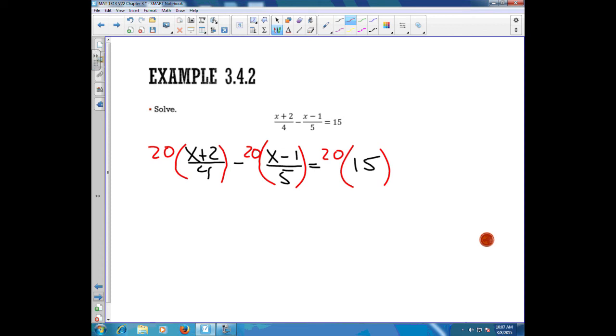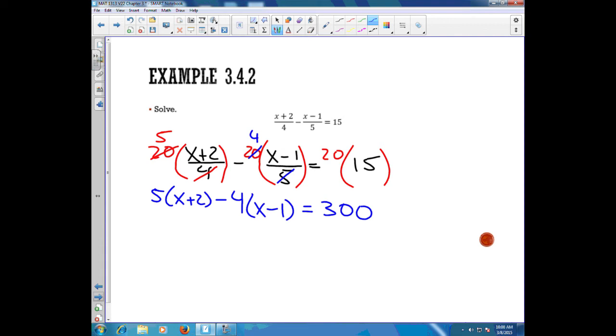And again, 20 divided by 4 will leave us with 5. And so we have 5 times x plus 2 minus, 20 divided by 5 will leave us with 4, so that's 4 times x minus 1, equals 20 times 15 is 300.